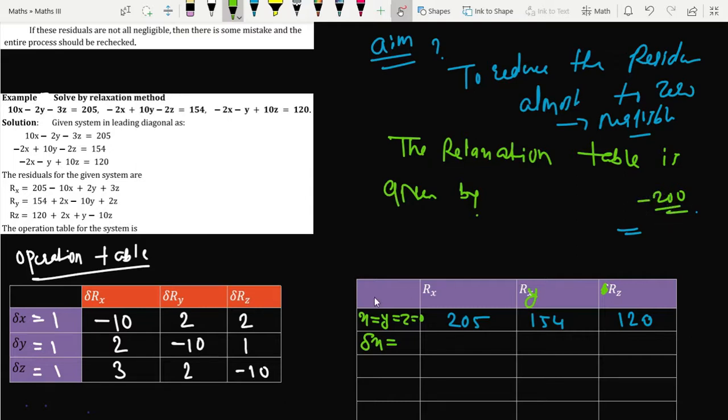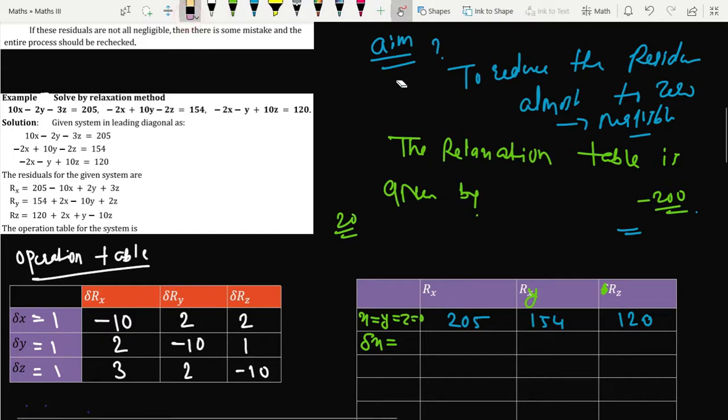Okay. So 200 comes by multiplying this number by 20. So when delta x is equal to 1, we get minus 10. What happens when we multiply by 20? So delta x is equal to 20, we get minus 200.